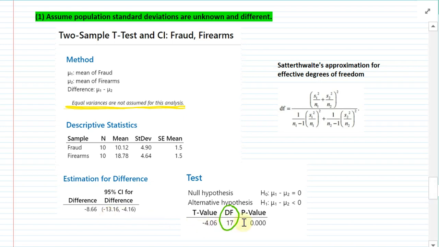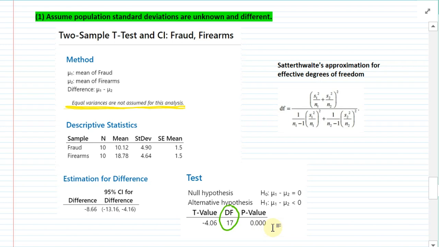Our hypothesis here, because the statement was, would you expect to do less time for fraud than firearm offenses? So our alternative is left-tailed, and our p-value is 0 to 3 decimals. I believe if you go to 4 decimals, it's 0.0004, as I recall.